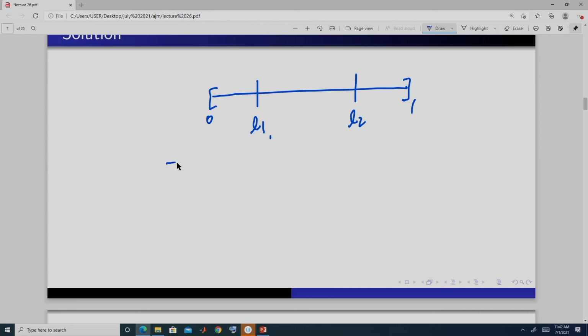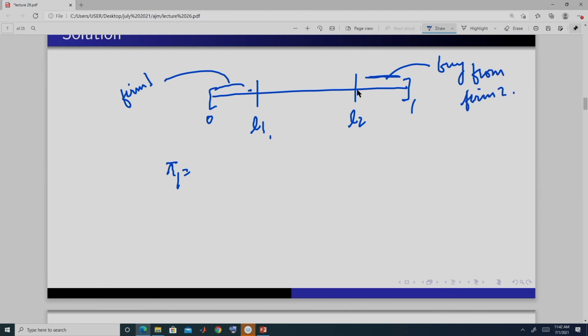For the profit of firm 1, the people to the left are definitely going to buy from firm 1. These people on the right are definitely going to buy from firm 2, because if they move from here to here, this distance is quite bigger than this distance.